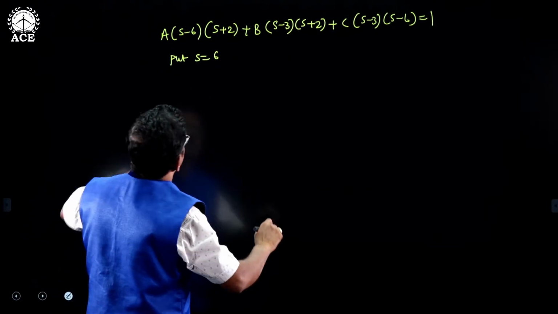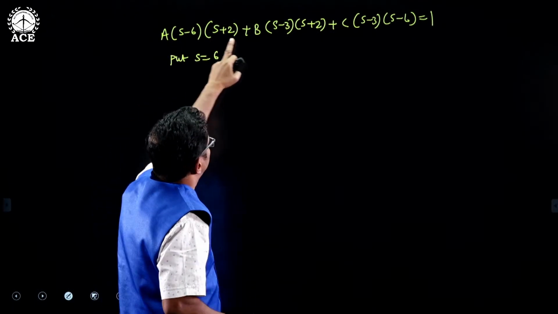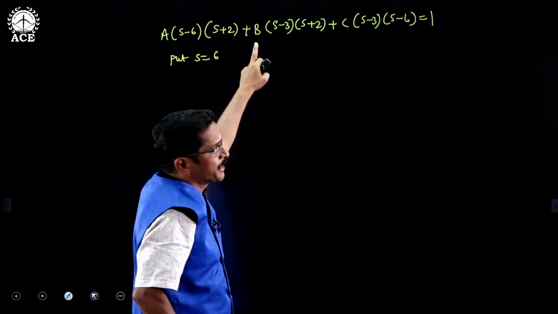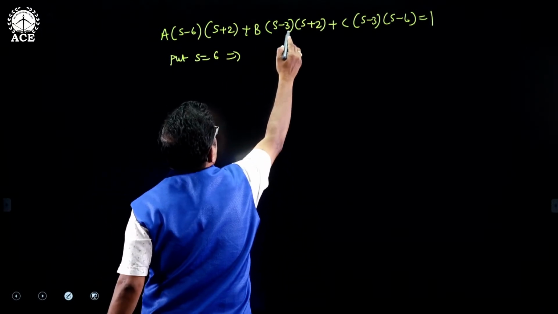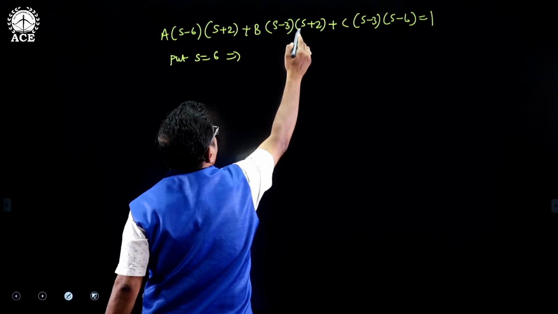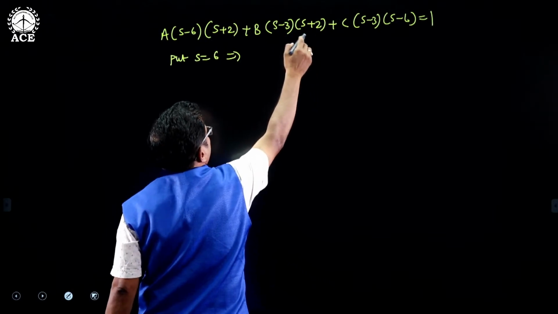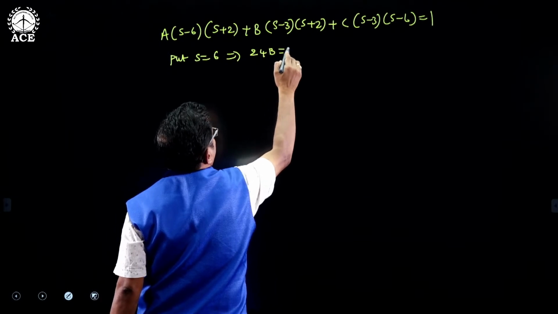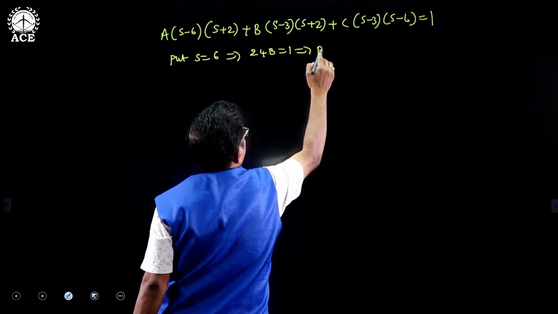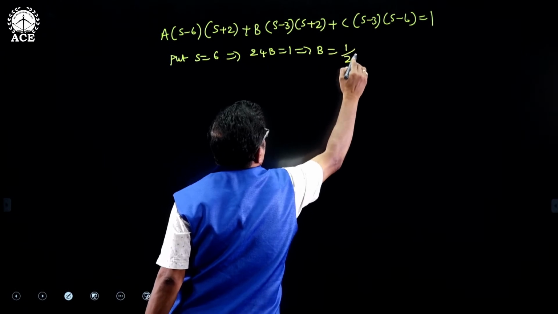If I put s equal to 6, the a term is going to be 0, the c term is going to be 0, only the b term will be left. So 6 minus 3 means 3, 6 plus 2 is 8, 3 into 8 is 24, 24b is equal to 1. From this b is equal to 1 by 24.